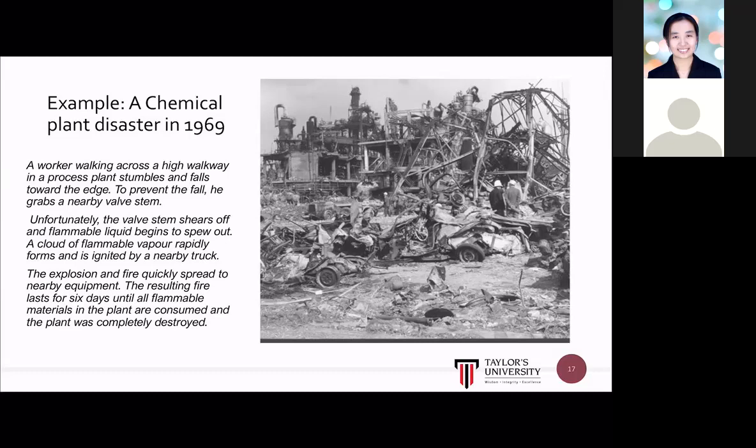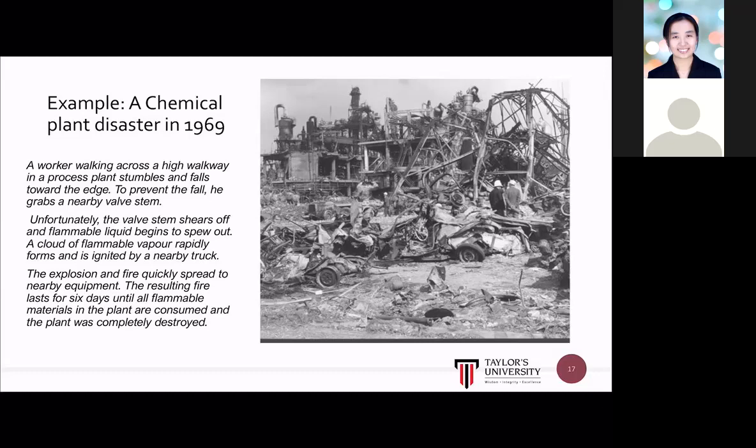But instead of the pipe stabilizing him, the whole thing got pulled off by him, and flammable liquid started to spill out from the storage tank or process tank. A cloud of flammable vapor rapidly formed, and there was a nearby truck with its engine on. When the vapor got there, poof, the fire began.